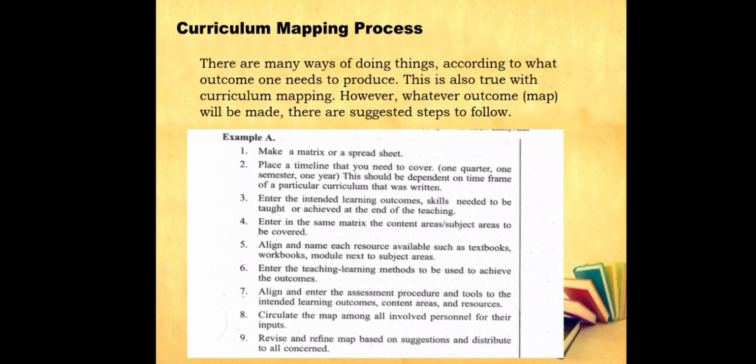Enter the teaching-learning methods to be used to achieve the outcomes. 7. Align and enter the assessment procedure and tools to the intended learning outcomes, content areas, and resources. 8. Circulate the map among all involved personnel for their inputs. 9. Revise and refine the map based on suggestions and distribute to all concerned.